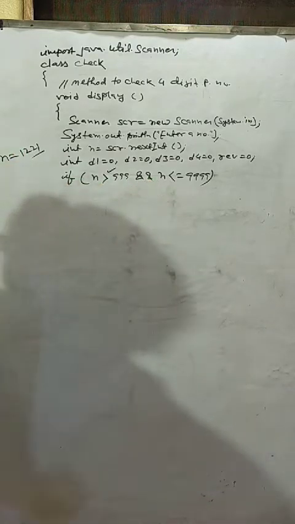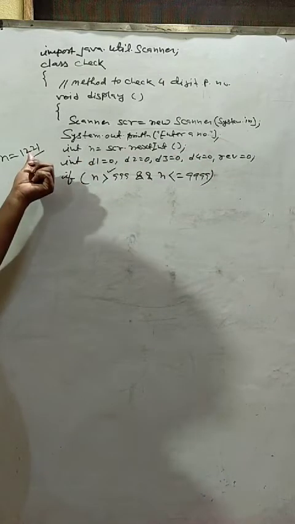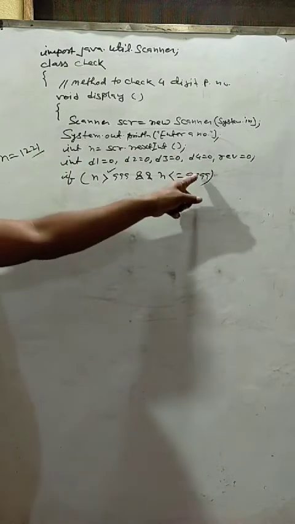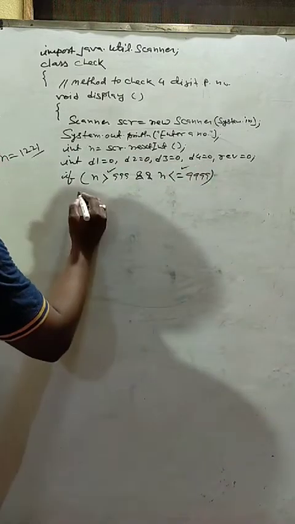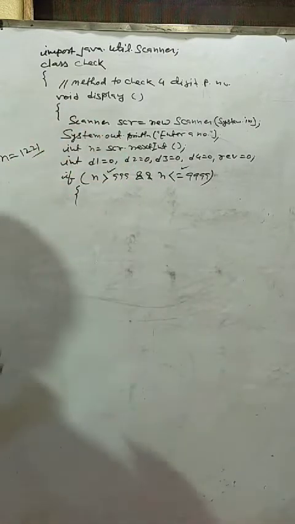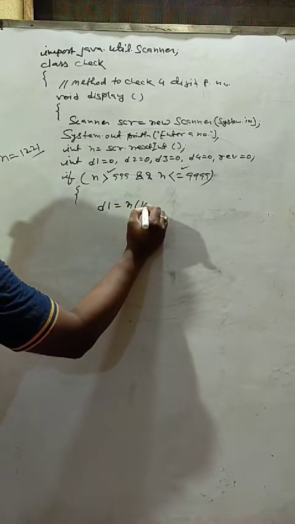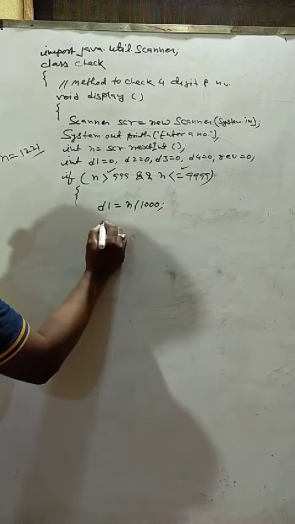And n less than equal to 9999: 1221 is smaller than 9999, so this part is also true. If these conditions are true, control moves inside the if statement. Inside the if, we will extract all the digits.